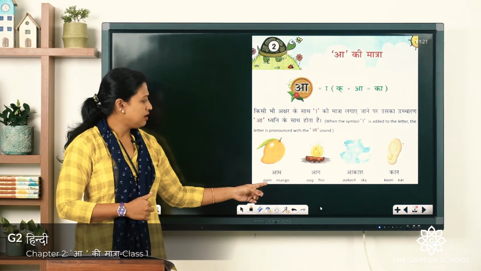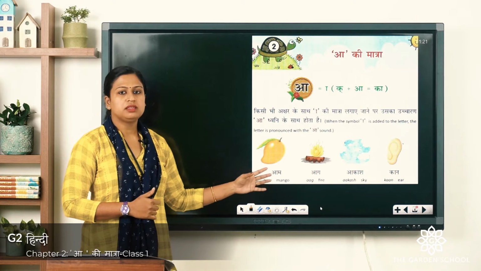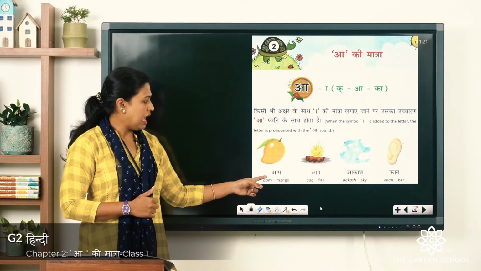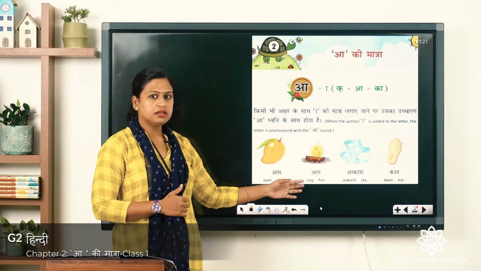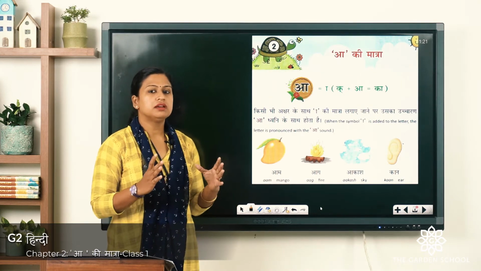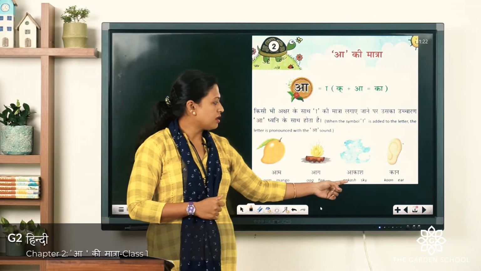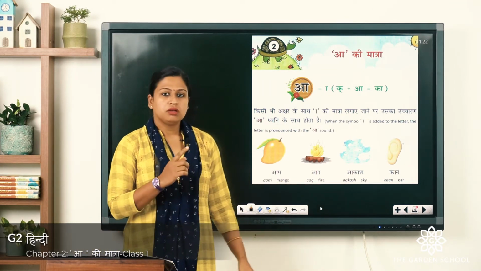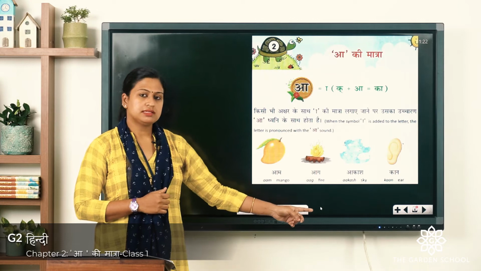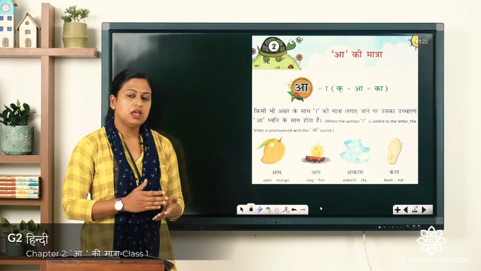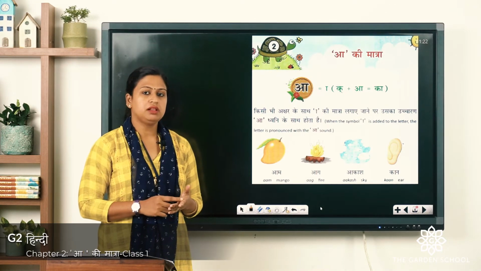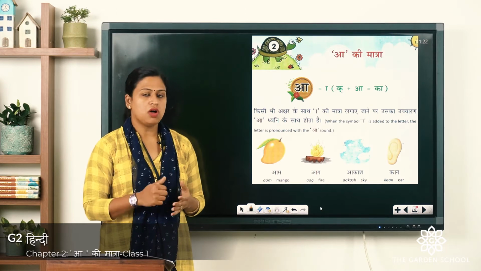Now you can see here words with the Aa letter. Aam, aag. Here you can hear the long sound of Aa. Aakash. Now the next word is Kaan. Here we are using the Aa symbol with the ka consonant.